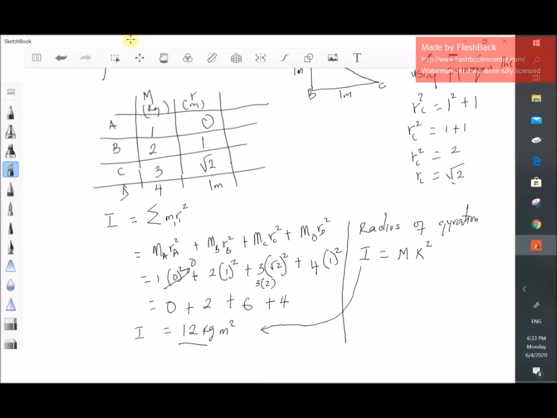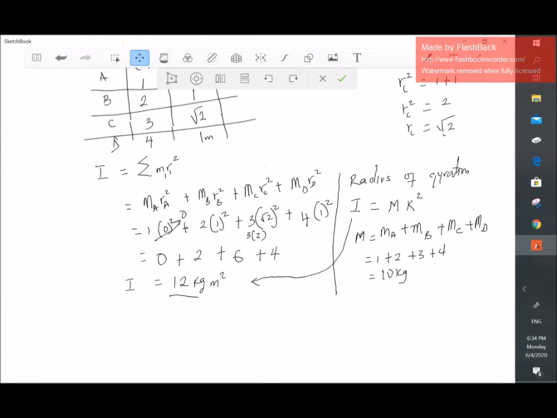The mass is given as mass of A plus mass of B plus the mass at C plus the mass at D. So that gives us 1 plus 2 plus 3 plus 4, and our mass is 10 kilogram. Now I know my total mass, I know my moment of inertia, so I can find my k.